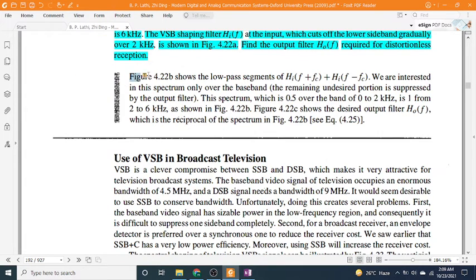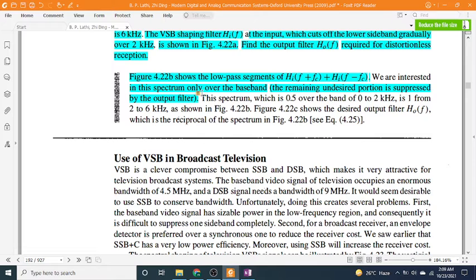Figure 4.22b shows the low-pass segments of H(f + f_c) + H(f − f_c) in which we are interested. In this spectrum only over the baseband, the remaining undesired portion is suppressed by the output filter.